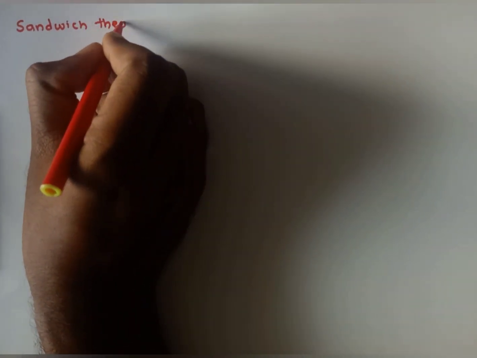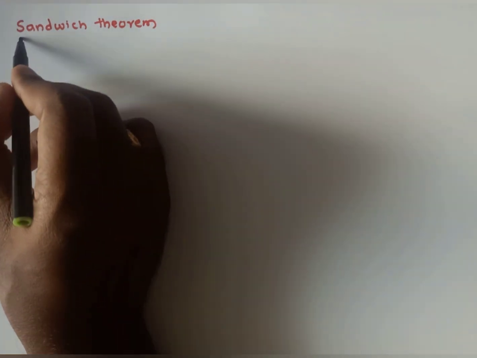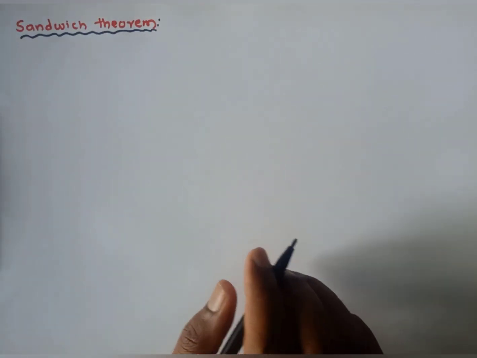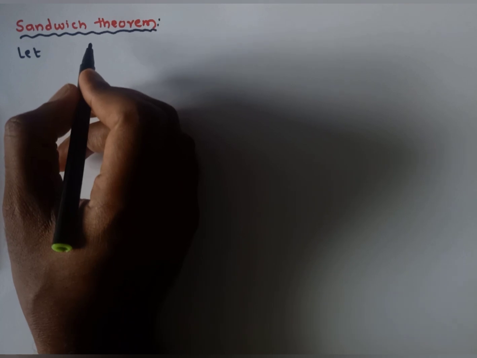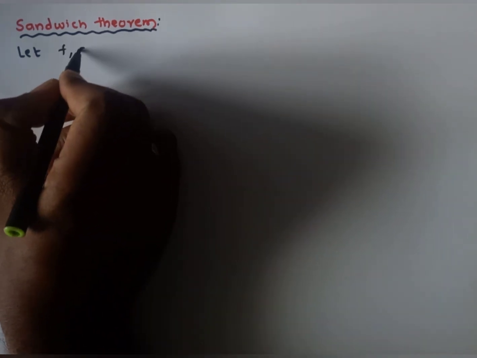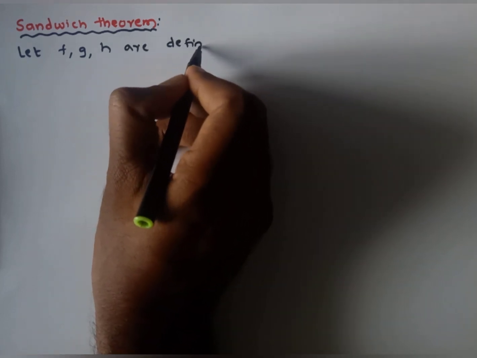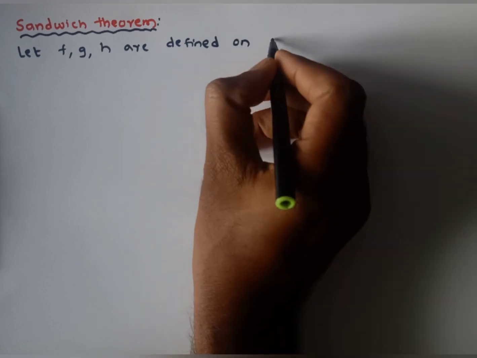Next we'll see the sandwich theorem for infinite limits, as we know the sandwich theorem for finite limits. Let us see the sandwich theorem statement again. It is similar, but here x approaches infinity. Let f, g, h be three functions defined on an open interval.